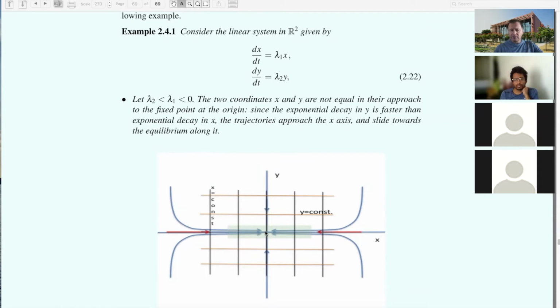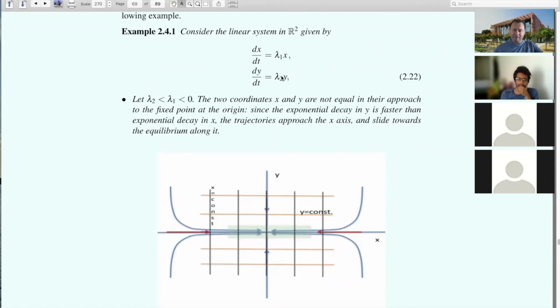There are a couple of ways you can consider model reduction to work here. If you wait for a long enough time, Y is going to be really close to 0, right? Let's say that lambda 1 is -1 and lambda 2 is -100 to exaggerate the situation. So e to the -100 times t for time t equal to 1 is going to be really, really close to 0.